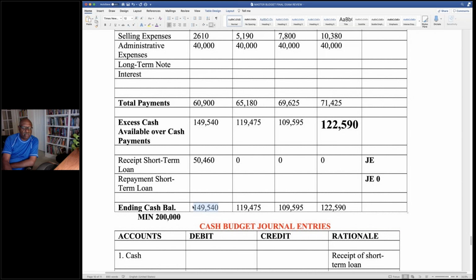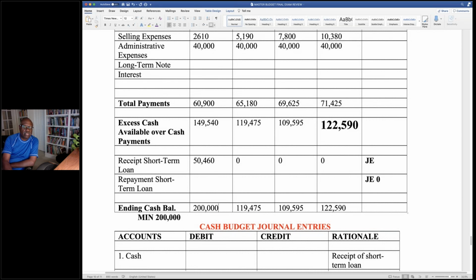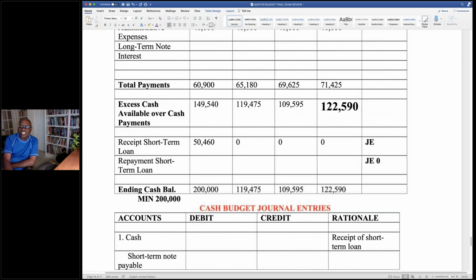That becomes 200,000. So I'm just showing you how things would change if that was the case, so you can run the others through. So how will we know what the ending cash balance should be? It's got to be 200,000. No, I'm saying like on the test, are you going to say it? Yes.